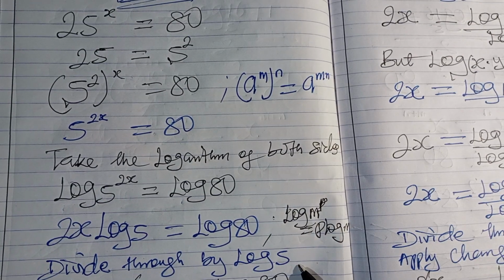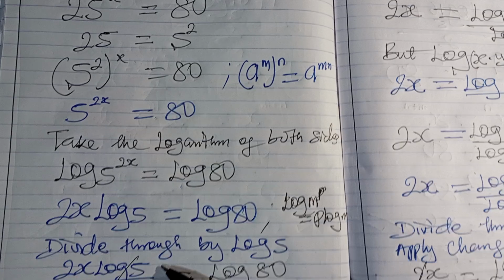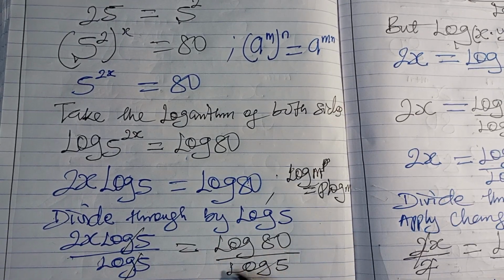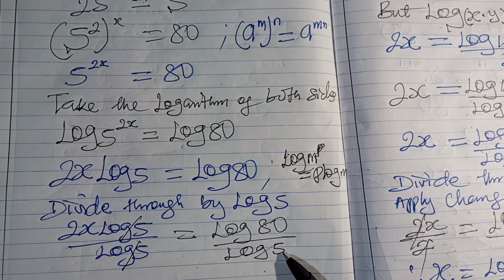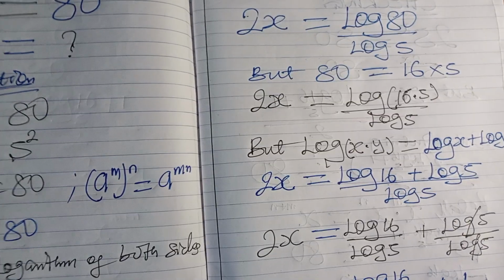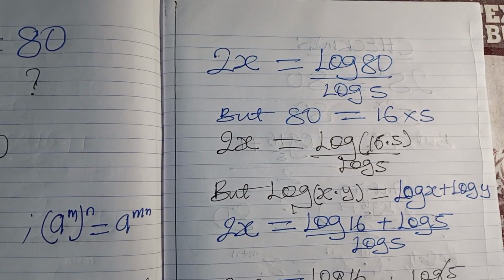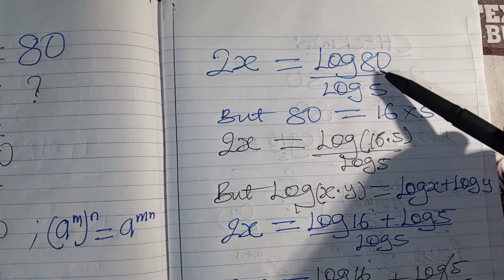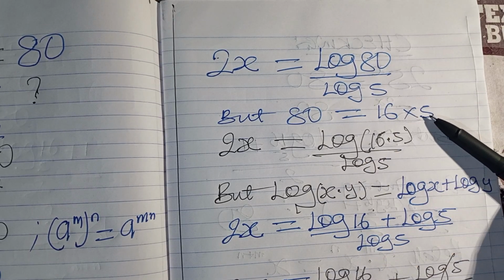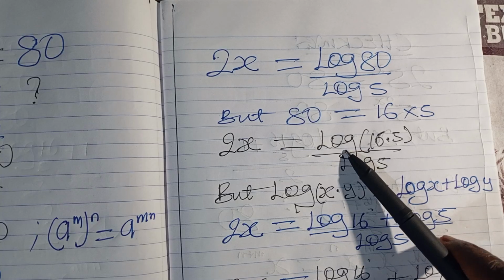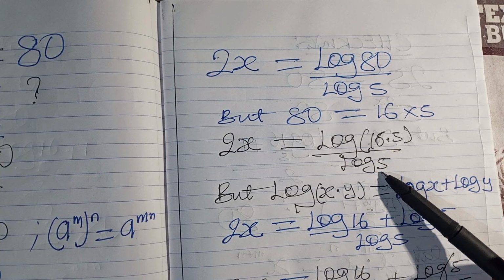Divide through by log 5. This log 5 will cancel this log 5. You have 2x equals log 80 divided by log 5. Then to find x, you proceed by expressing 80 with reference to 5, that is 16 times 5.